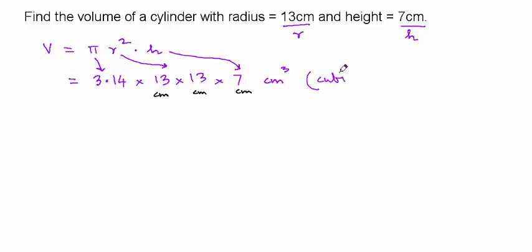You could also write cubic centimeter. That's also right. And if you multiply these numbers out, you get 3,714.62 cubic centimeter. That is the volume of this cylinder.